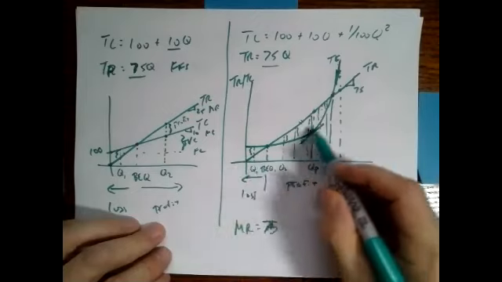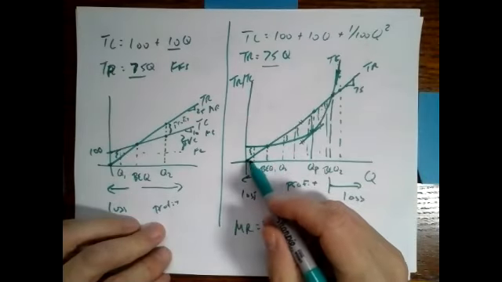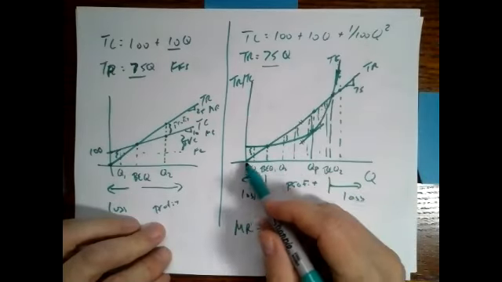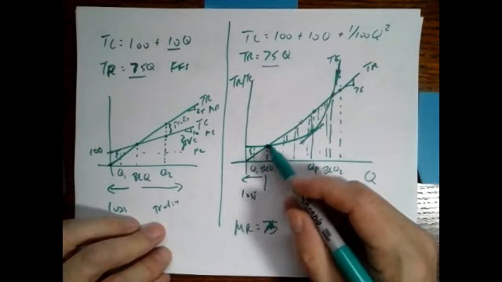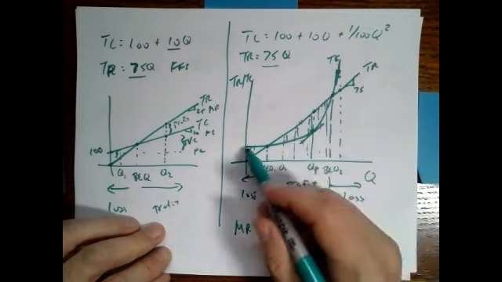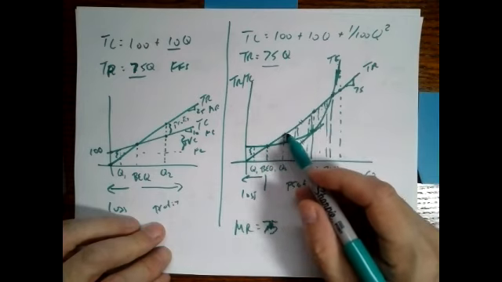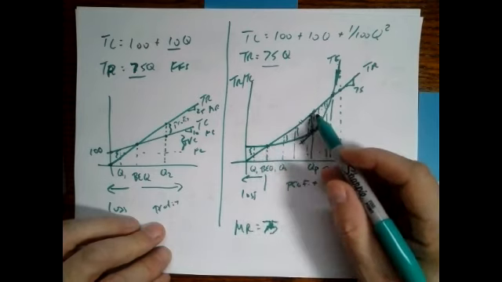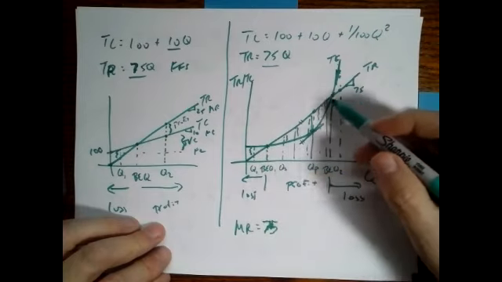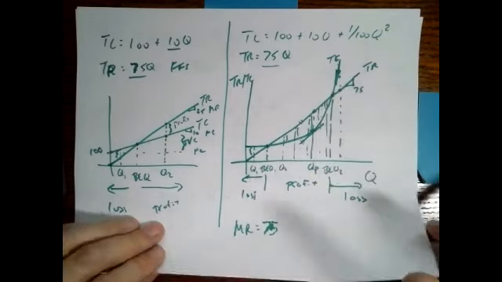There is no break-even point. It never catches up the way it did in the first example, right? In the first example, the total revenue curve starts below total cost, but it goes up at so much of a faster rate that it actually crosses the total cost curve pretty quickly. And then eventually the total cost curve catches up with it and crosses it again.